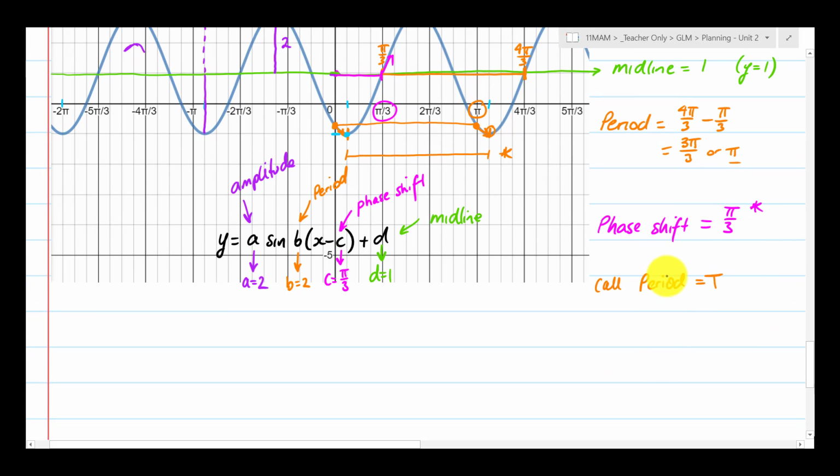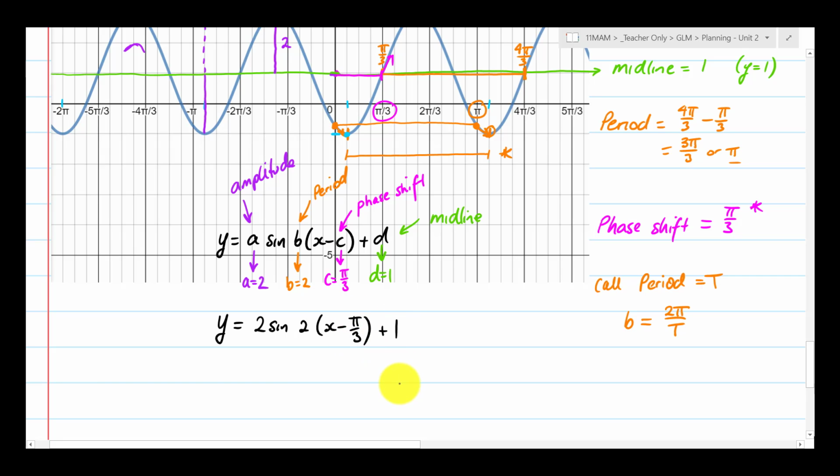But our period is T, and the B value is equal to 2 pi divided by T. If you work out how many periods in 2 pi, that will tell you what the compression factor was. So our B value is 2 pi over T, which in this case was 2 pi over pi, which gives us 2. And so we have y is equal to 2 sine (2x minus pi on 3) plus 1.